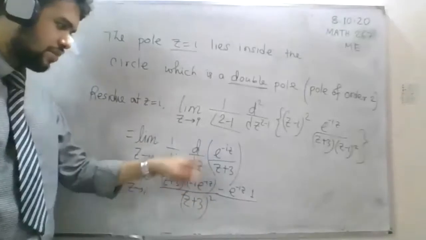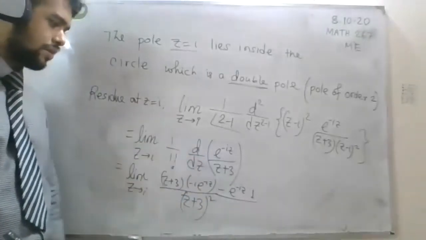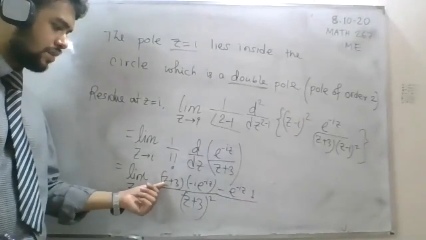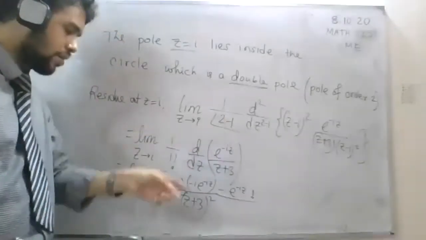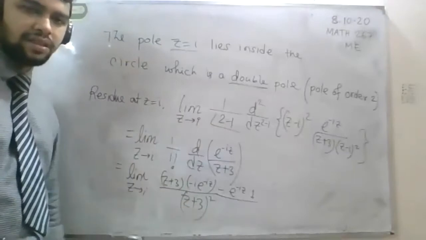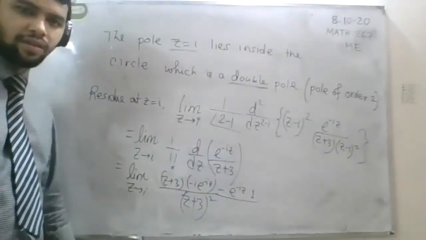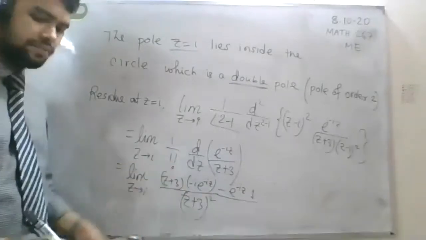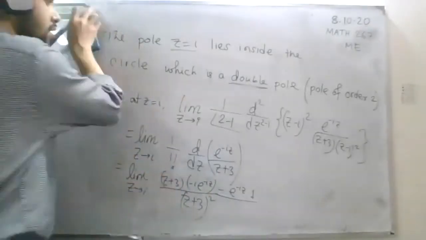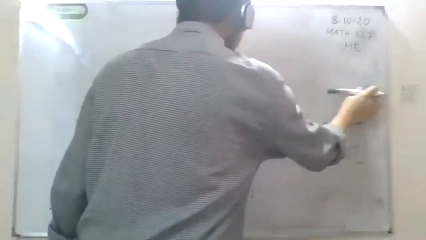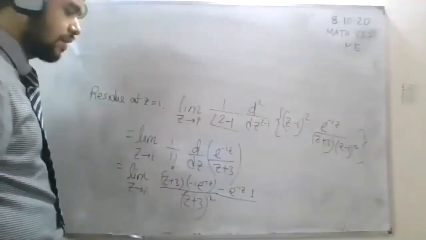So this is the u by v method, differentiation of u by v. The formula is v d/dx of u minus u d/dx of v divided by v square.